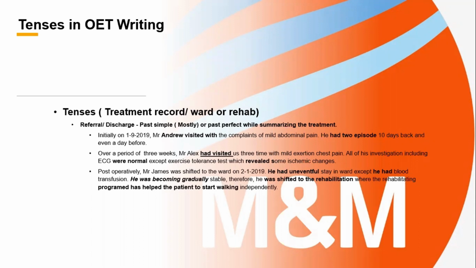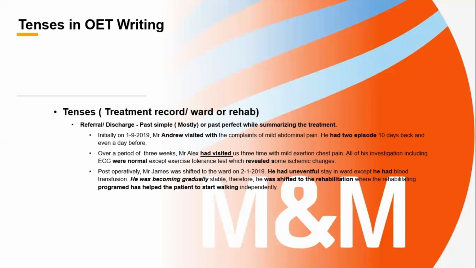Or when we have a relationship, then and only then can we make a comparison of past simple and maybe past perfect together. So there are a few examples given in front of you.